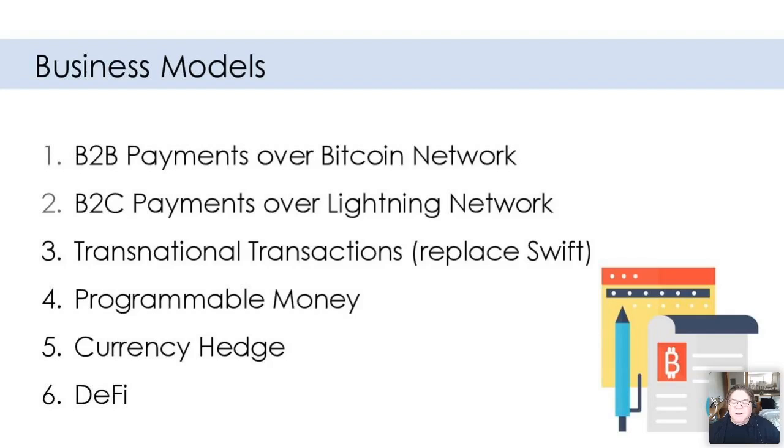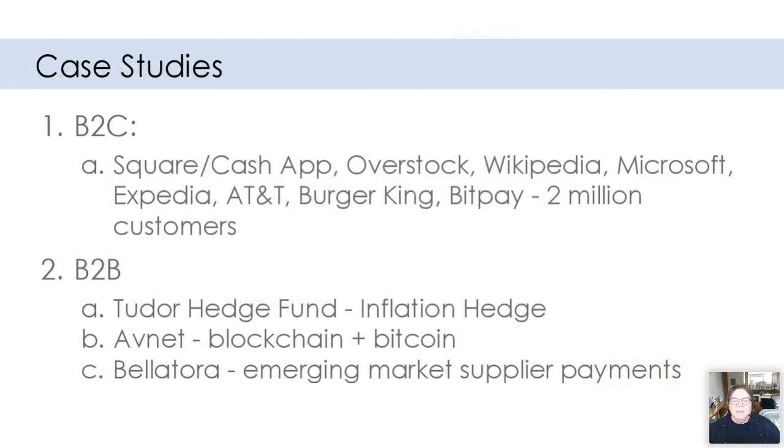And then decentralized finance: there are a series of companies that have already turned profitable by using Bitcoin and blockchain to provide decentralized finance, where they use Bitcoin as a way to let people get interest and get loans. There's a company called BlockFi, which is probably the best example of that.